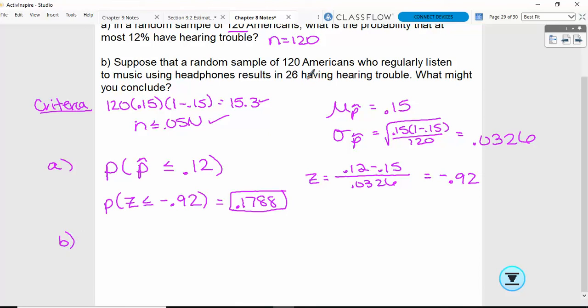All right, B, I said in my sample of 120, when I'm looking at people who listen to music using headphones, I have 26 with hearing trouble. What might we conclude? So what do I need to do? Find the proportion. Yeah, everything I'm looking at on this one is proportion, so we need the proportion.